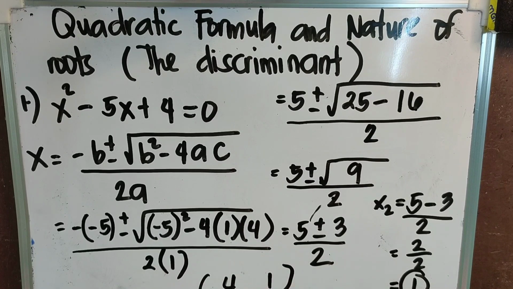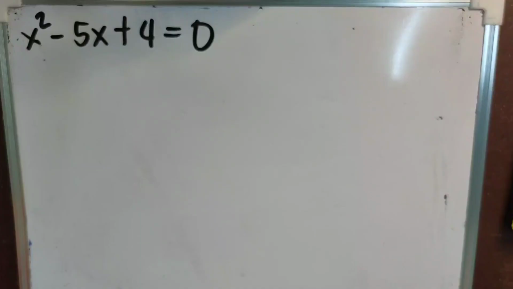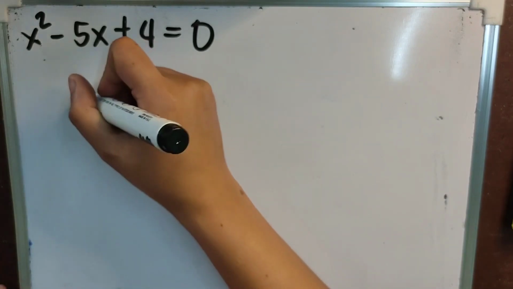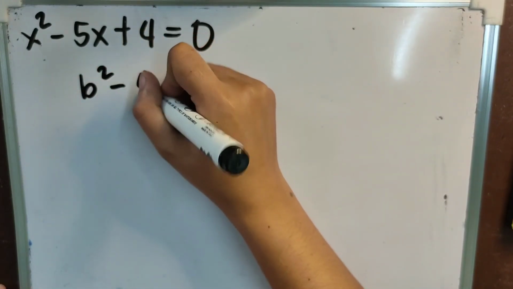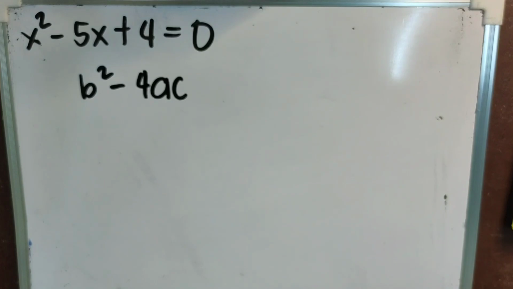Again, 4 and 1. Okay, let's evaluate the discriminant of this quadratic equation, x squared minus 5x plus 4, and then we are going to describe the nature of roots based on the nature of solution. So simply, the formula of the discriminant is b squared minus 4ac.